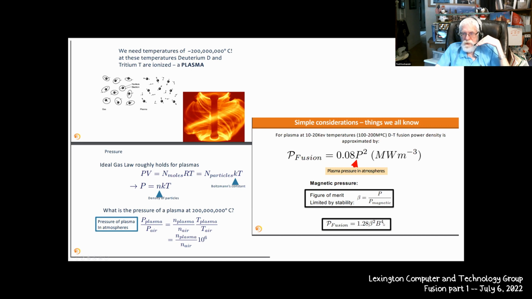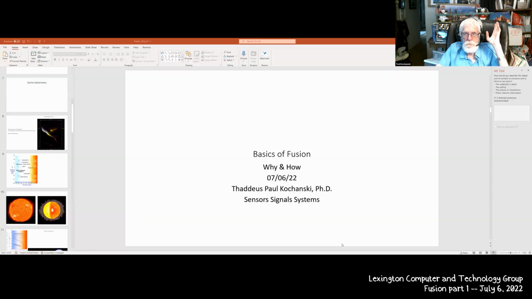This is important right here, this B to the 4th, because that's the difference between this enormous thing, the largest engineering project currently underway in Europe, which is the International Fusion Experiment in the south of France, and the small little machine that you could essentially put inside of an ordinary warehouse that they're building in Devens. And that's because their magnetic field is stronger, so B to the fourth makes a big difference. So that's it.